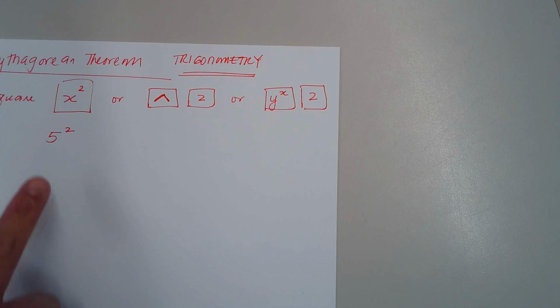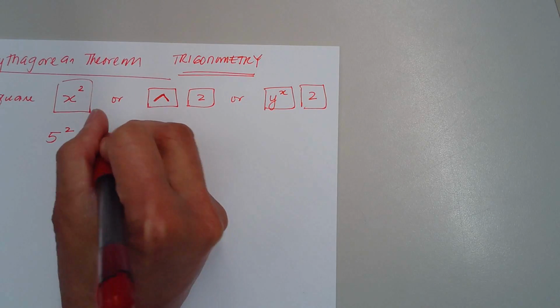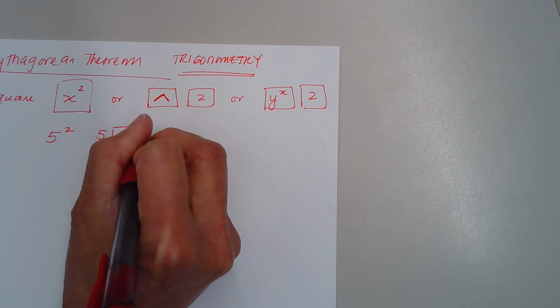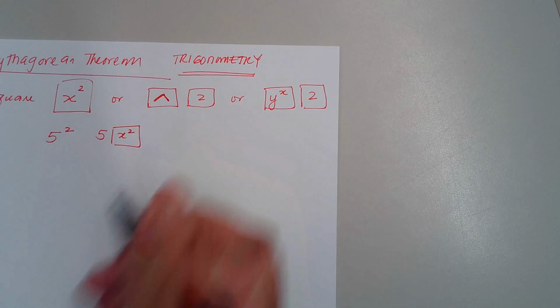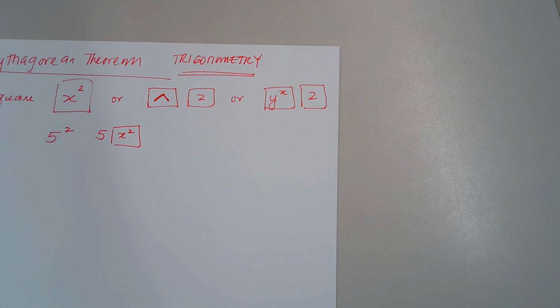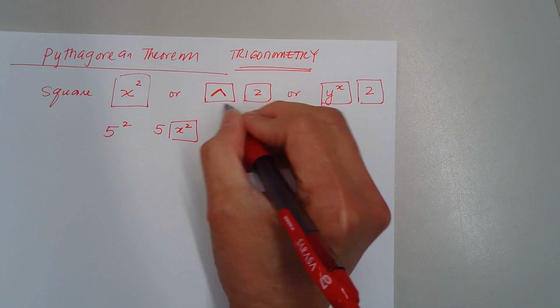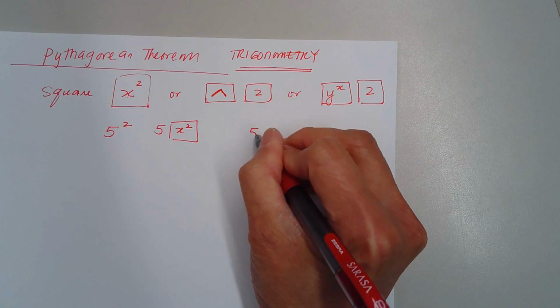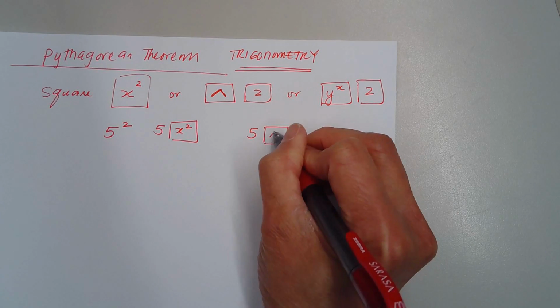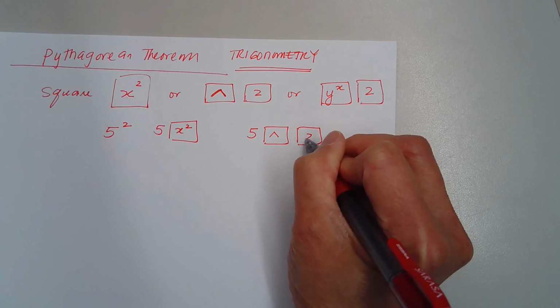Now let's do 5 squared. You can type in 5 and then the square button. If you have the caret button, you put 5, then the caret, and then the 2.